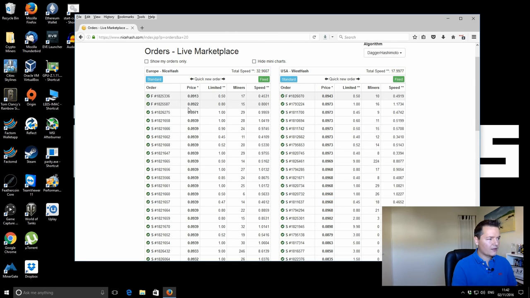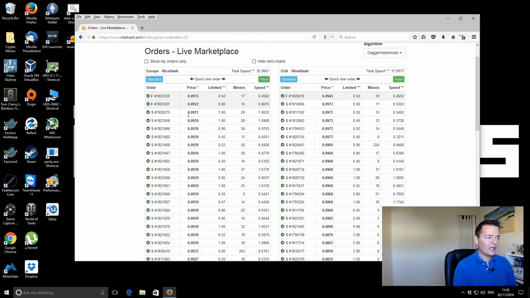So what you have here is this price. This is the main thing that you want to be focusing on. What this price indicates is the total cost for a gigahash of mining performance for 24 hours. I'll say that again. The price here is for 1 gigahash for 24 hours.